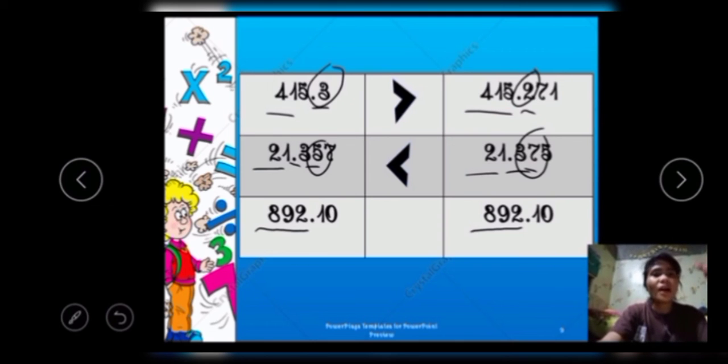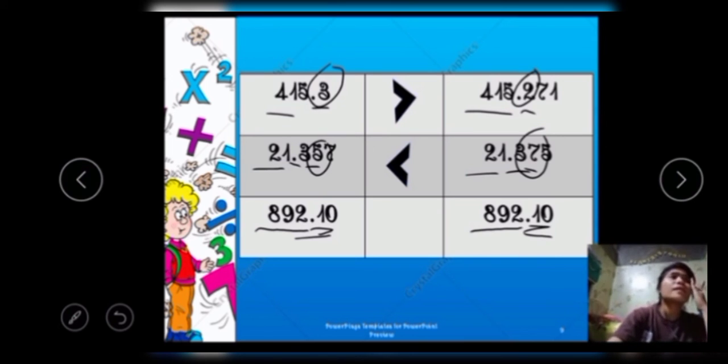In our decimal, we have 10, and in the right side we also have 10. That's why the third example is equal, and we get the answer: 892.10 is equal to 892.10. That's all. Thank you.